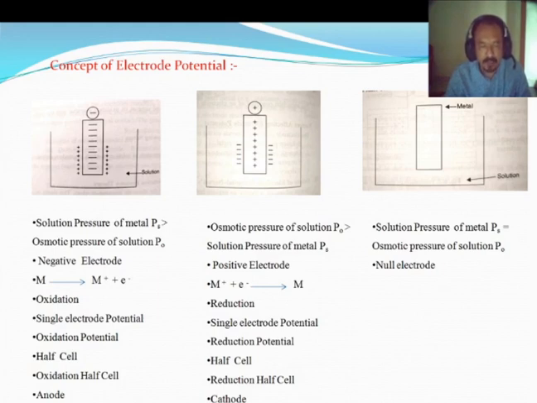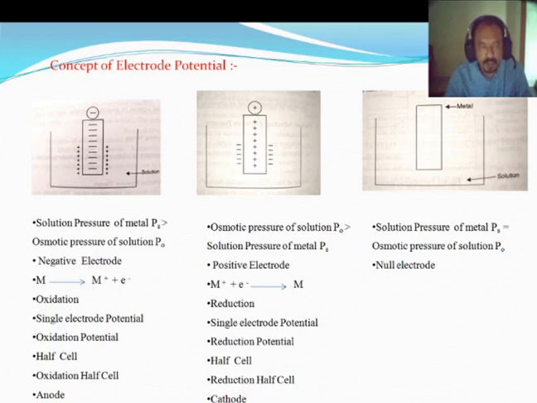At that time, what happens? The number of ions passing from metal to the solution is more than the number of ions which get deposited from solution to the electrode or the metal.